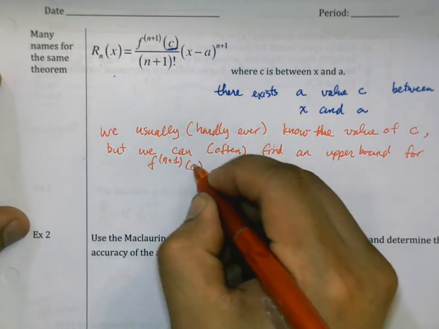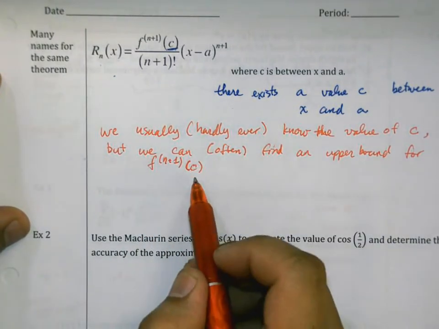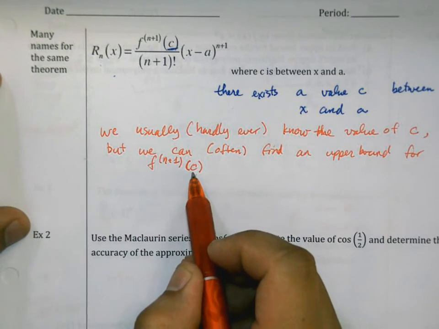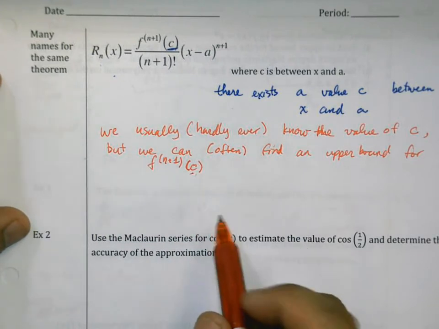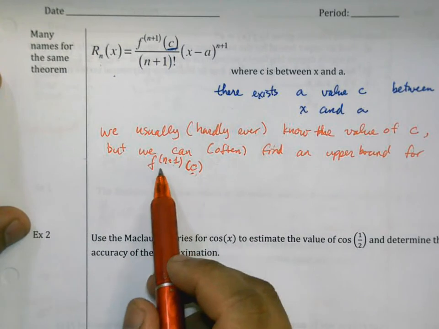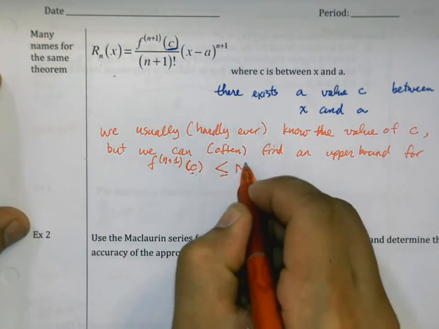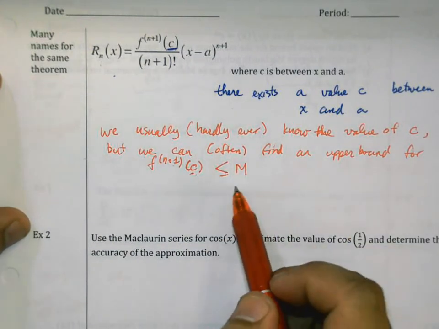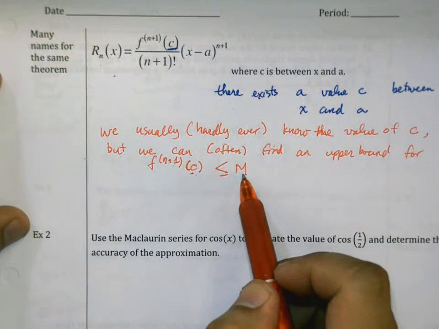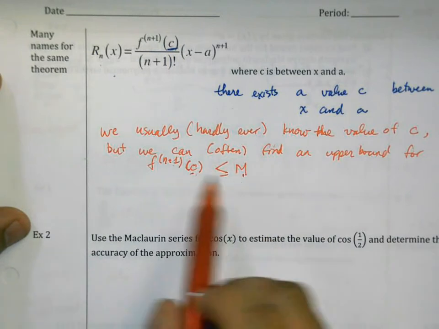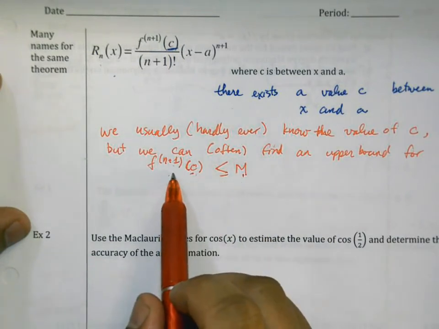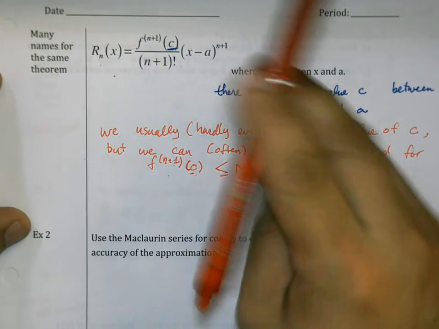So we can't always know, in fact we hardly ever know what the value of c is equal to, but we can say something like, the n plus 1 derivative of f at c must be less than or equal to some number. So we can usually find this M, this constant M, that is larger than the n plus 1 derivative at the point c.